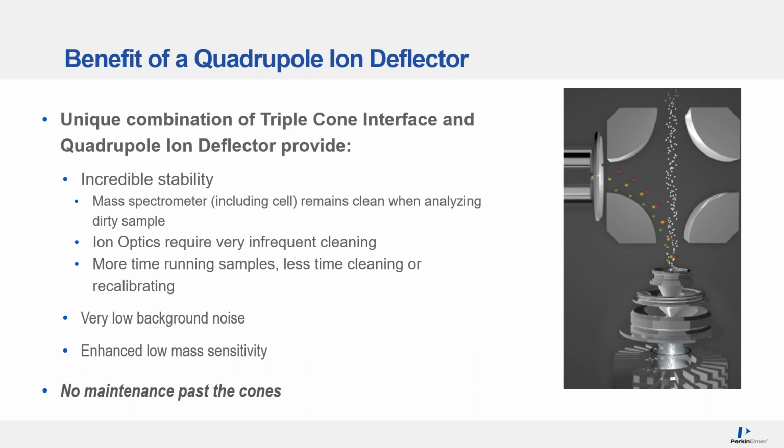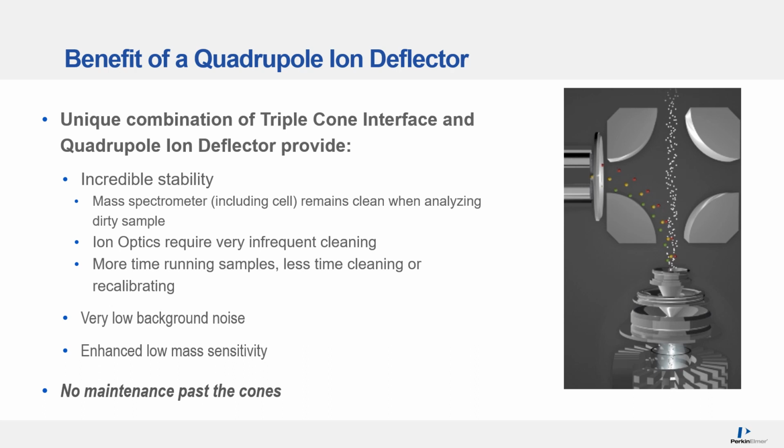First, let's talk about the unique combination of the triple cone interface and the quadrupole ion deflector. As the ion stream enters the vacuum chamber through the cones, we have 3 cones to step down the pressure more gradually than a 2-cone system. This will keep the ion stream more focused and tighter as it gets into the vacuum chamber.